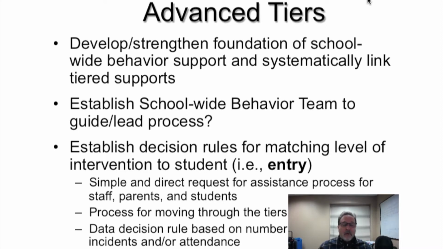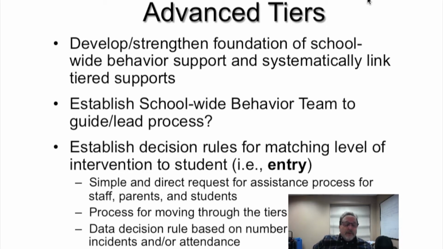Okay, now one of the differences in the behavior domain is, there are certain students' behavior that may be a safety risk that would then move them quickly to a tier 3 process and teaming process.